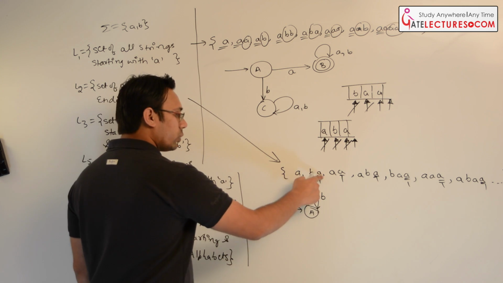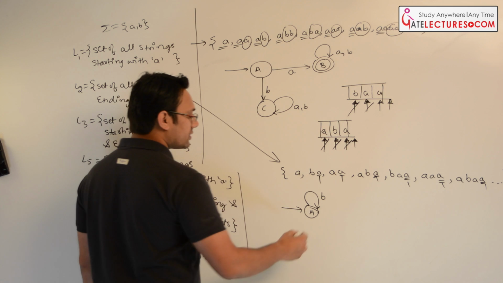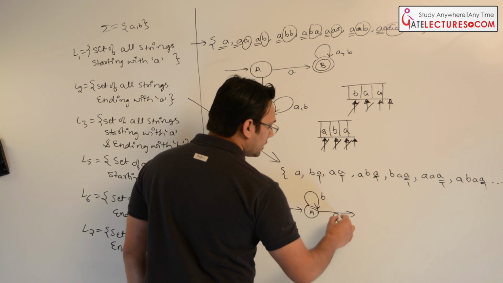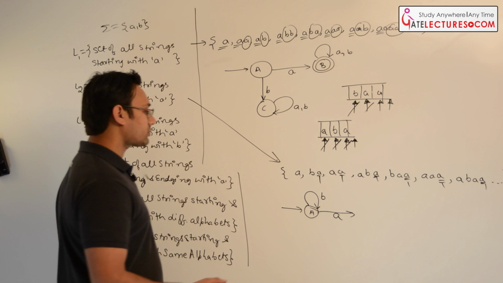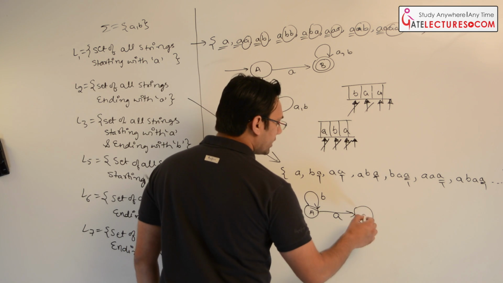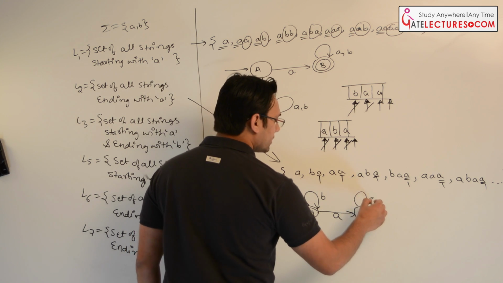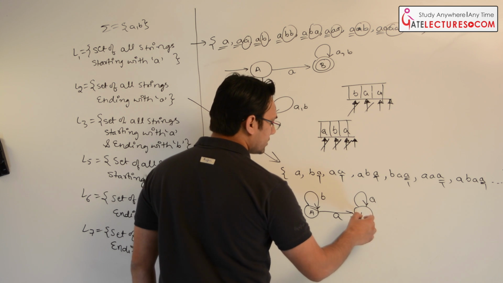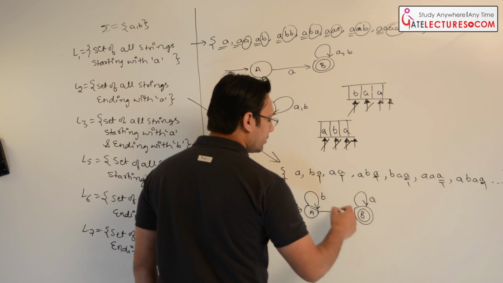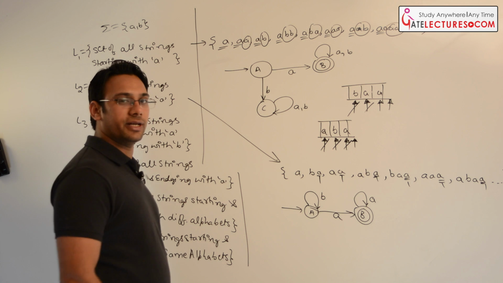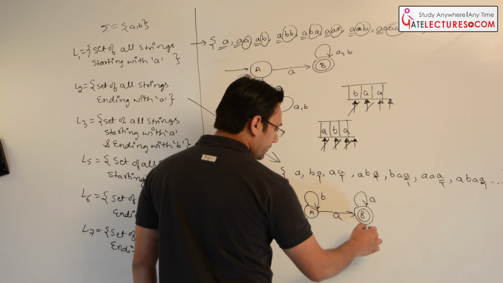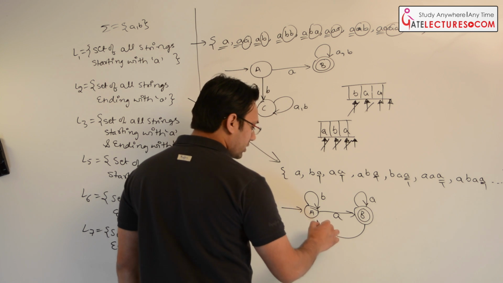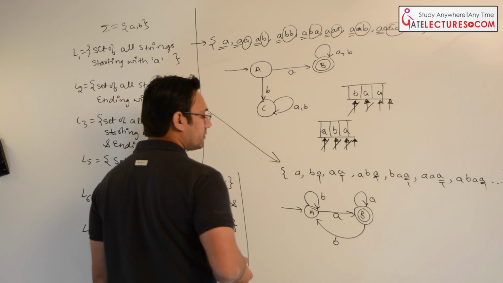But assume if we get one single A, that means we will assume the end has already reached. Now if we get any number of A's after this, then we are assuming that the string is again ending with A. Now if we get one more B, then we'll come to the state A.